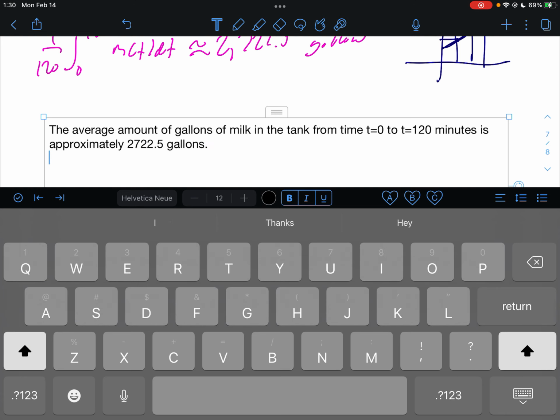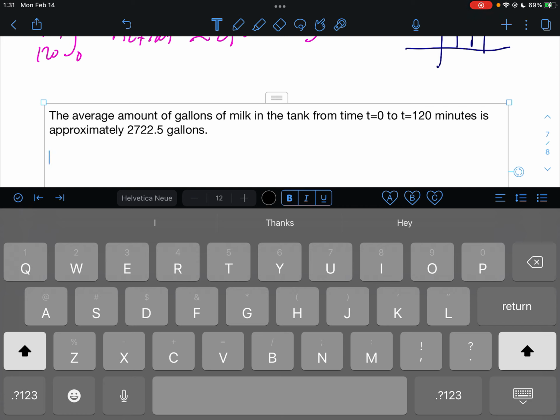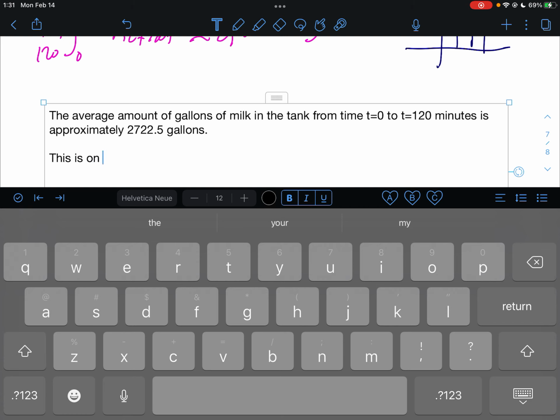That's the first question. And the second question, this is an overestimate since the function is strictly increasing and we used a right Riemann sum.